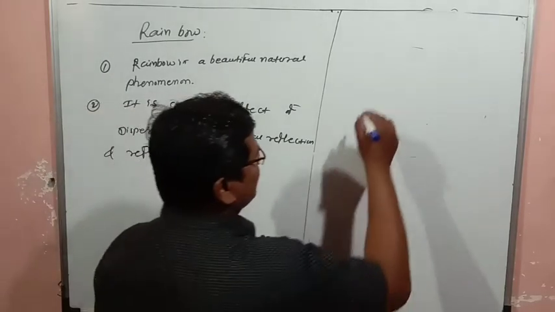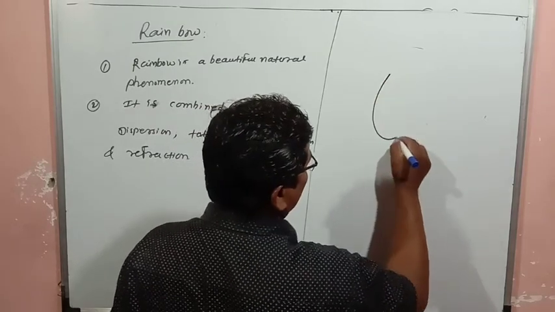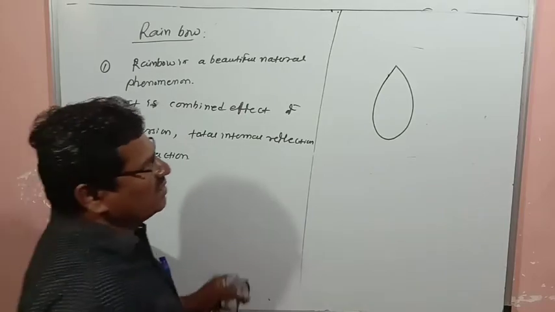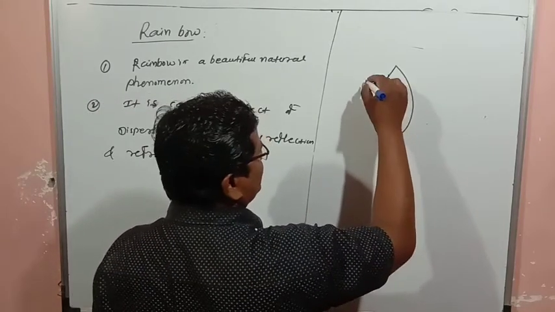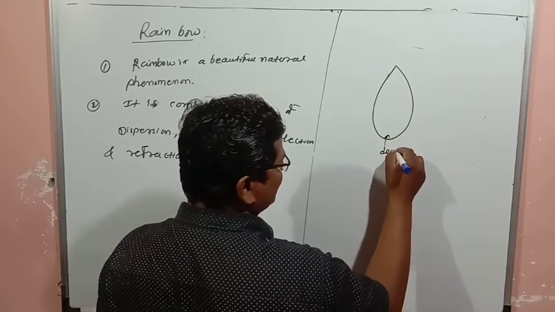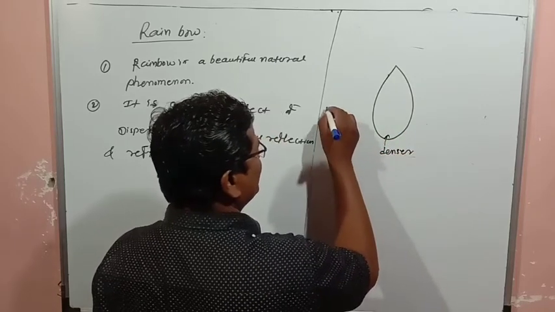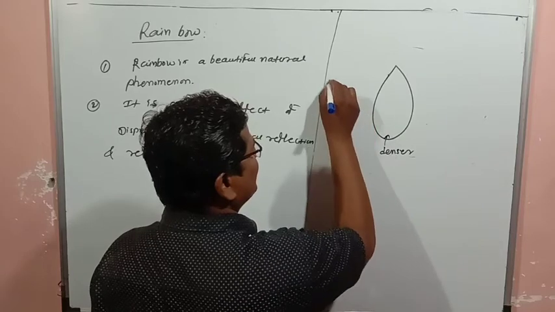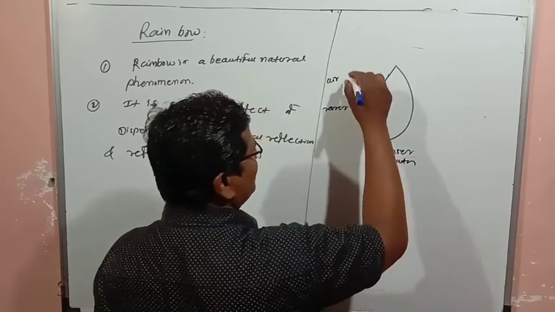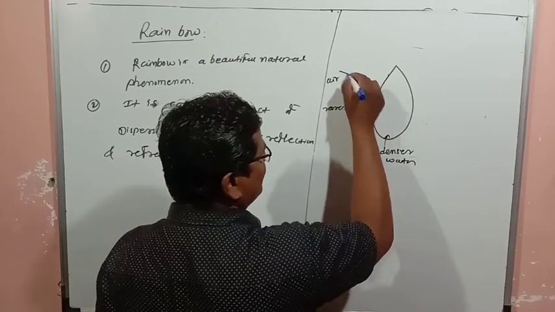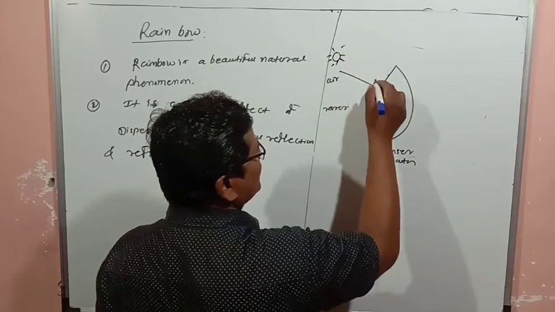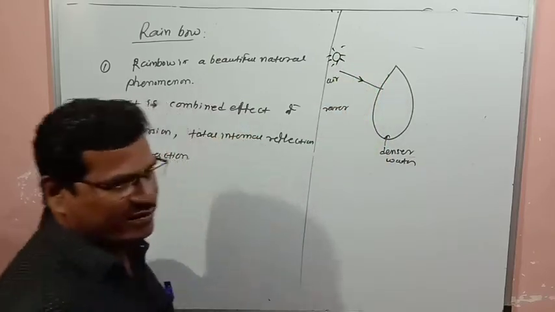Suppose there is a drop of water. Inside is the denser medium and outside is the rarer medium. Here is air and here is water. Light rays are coming from the sun. This will be the incident light ray.